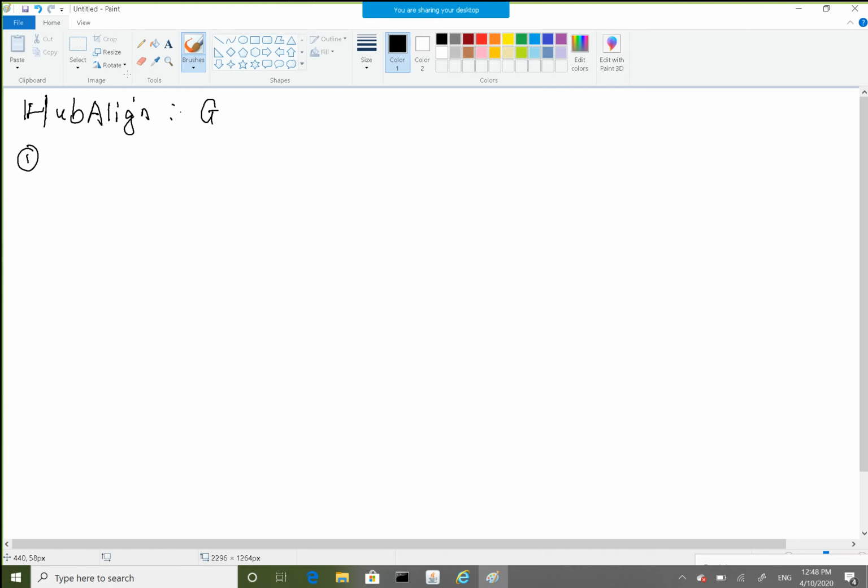So this question is given, right? First, I will write down the problem formulation. Given G1, V1, E1, and given G2, V2, E2, and also I think I forgot to put a weight here. So in this case, I need to erase.